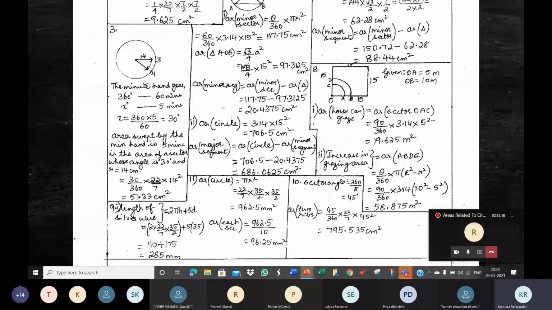Ma'am, in question number 10, they are told to find the area between the two consecutive ribs only. But you have written area of the two ribs. Okay, yeah, I've just written it in short. I shouldn't have written like that. It's area between two consecutive ribs.